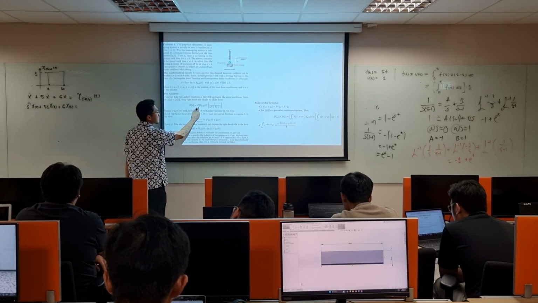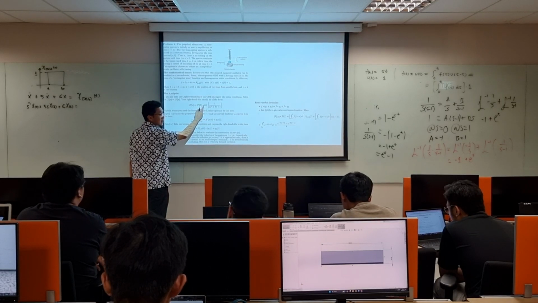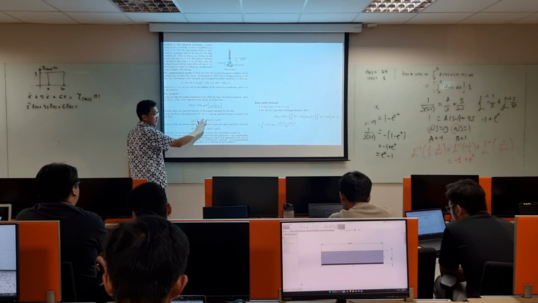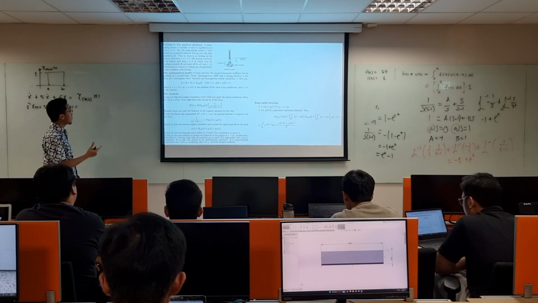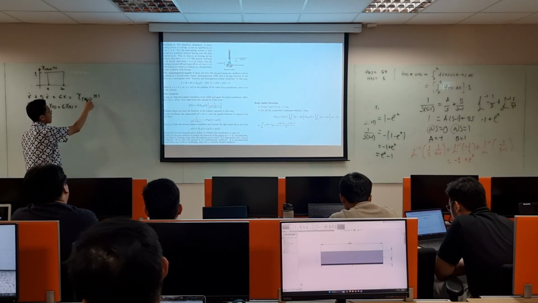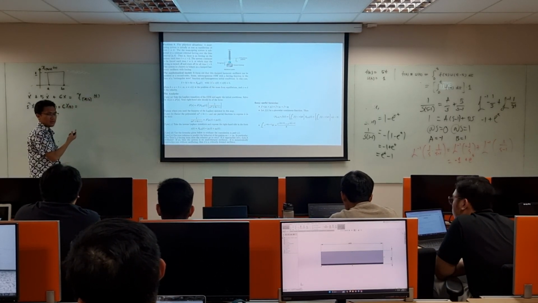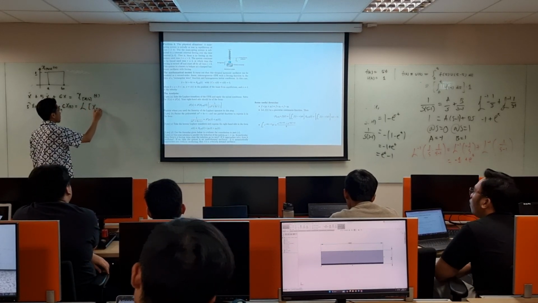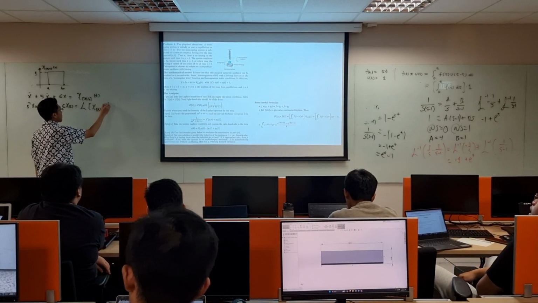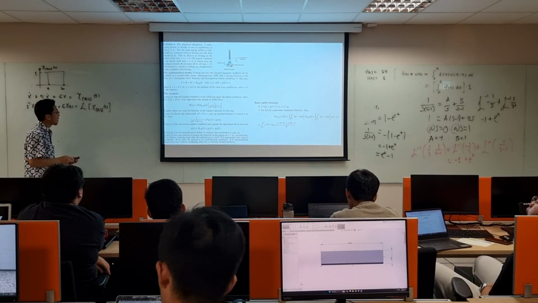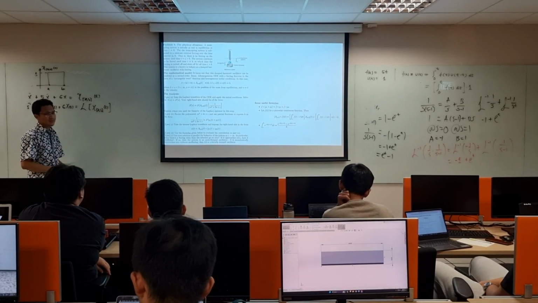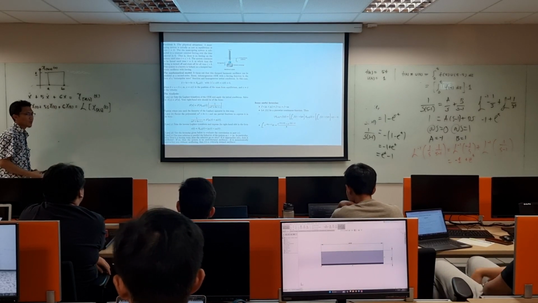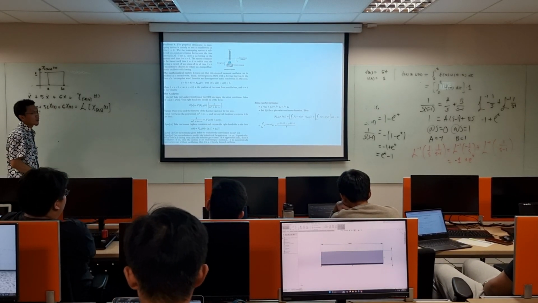Because the problem tells you this, it has Laplace of this one. I advise you do not convert this into Laplace transform yet. You just write it down like this. Sometimes it is easier if we keep it like this first.